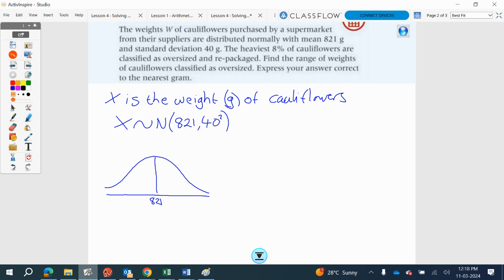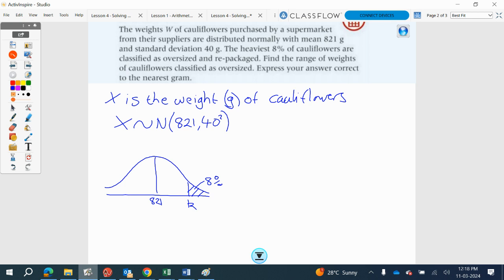We're then told that the heaviest 8% of cauliflowers are classified as oversized. So this area here is 8%. That weight is K. So that's what we know so far. We can't find that value directly.